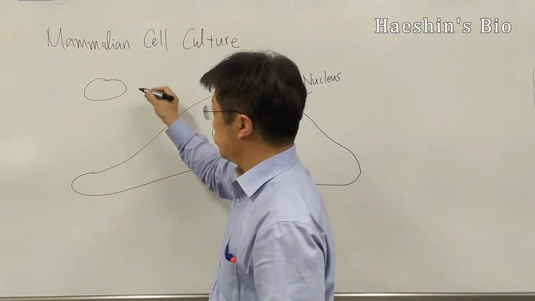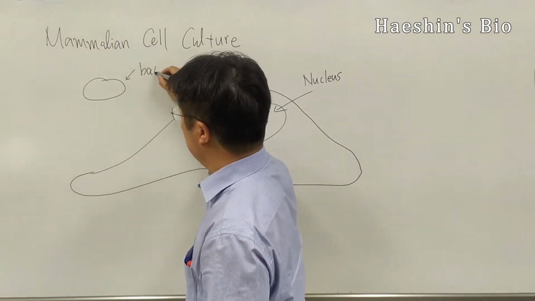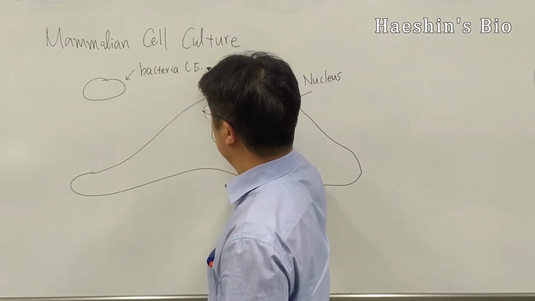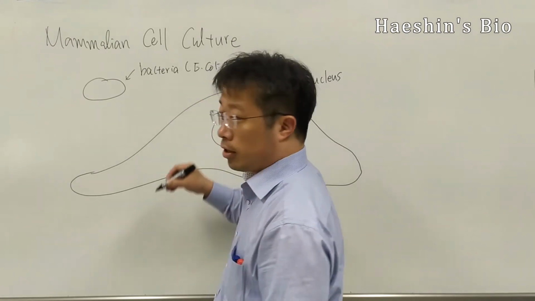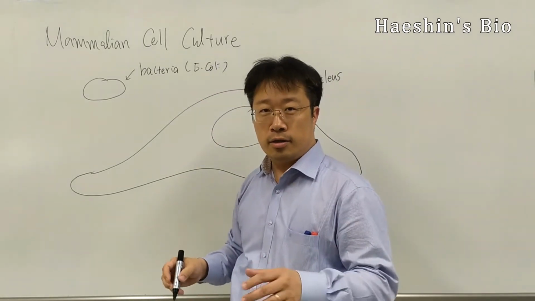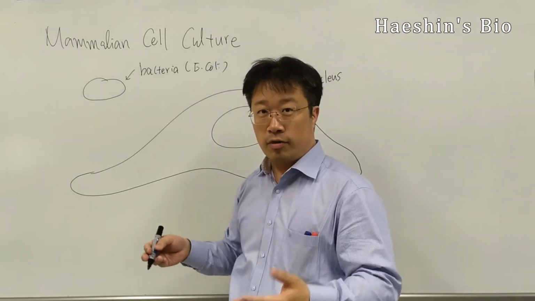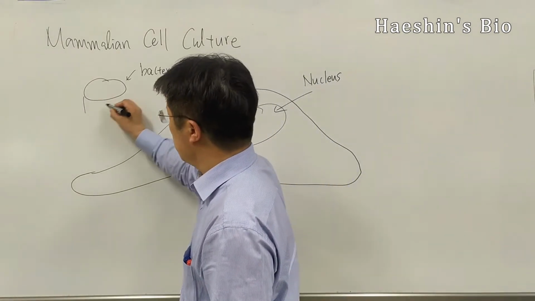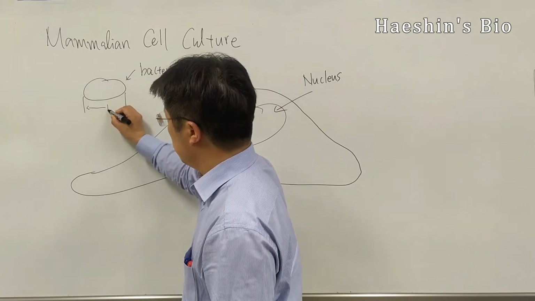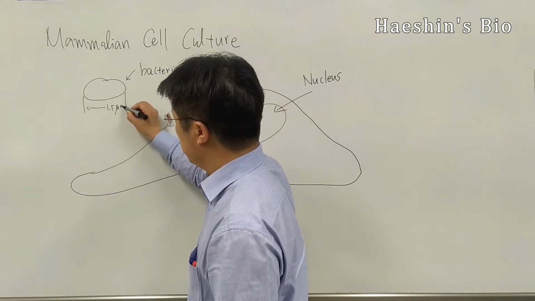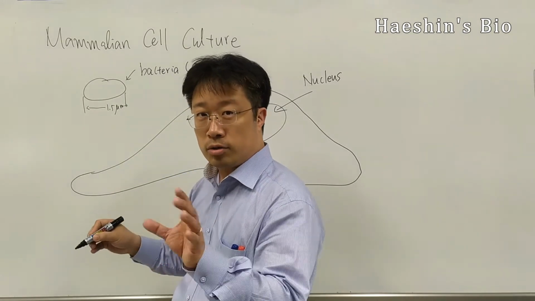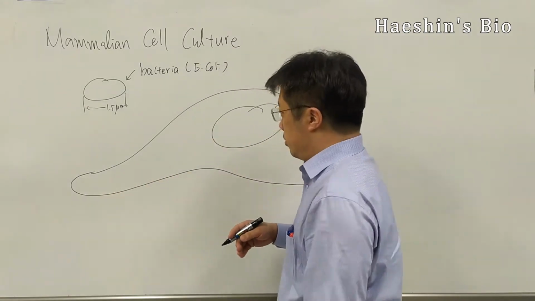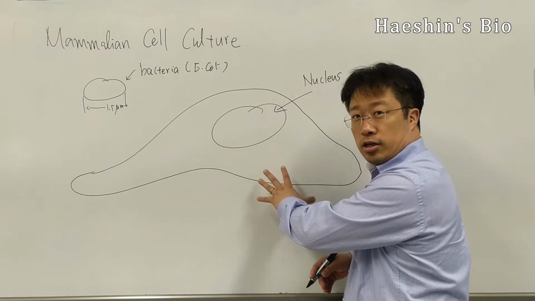This is a bacteria, for example E. coli. This bacteria can divide by themselves. The bacteria is about 1.5 microns or 2 microns in size, depending on the distribution. So let me draw it on the right scale.